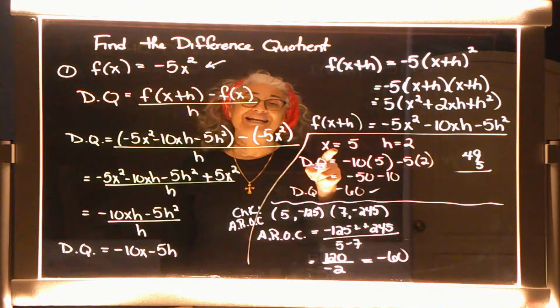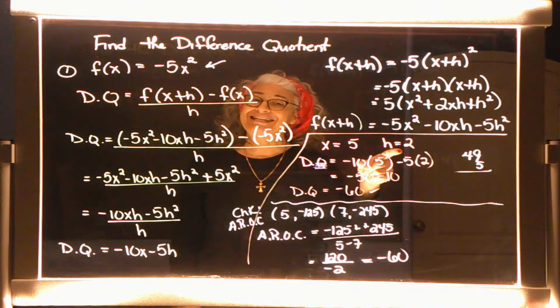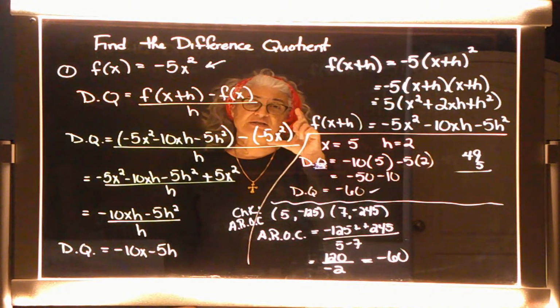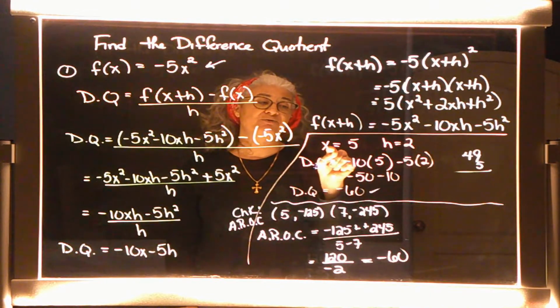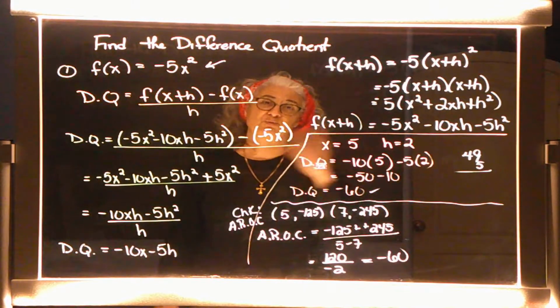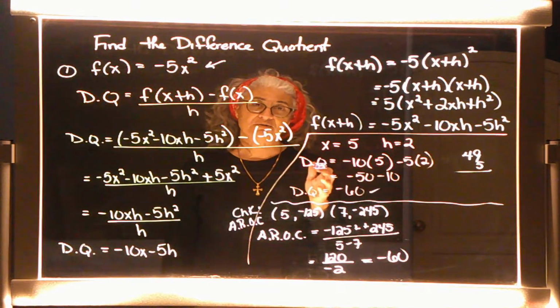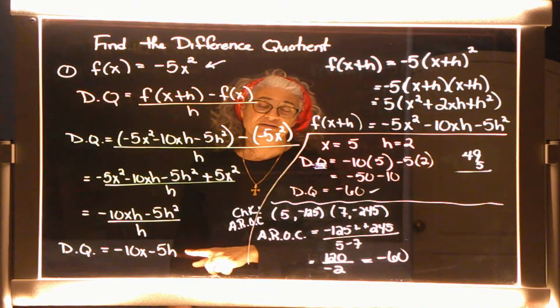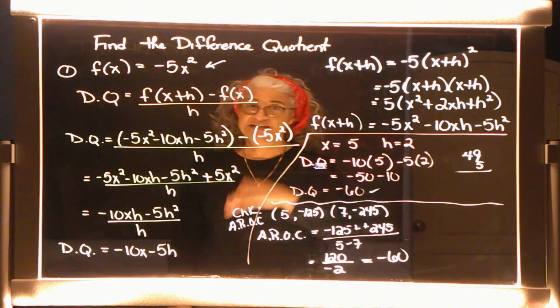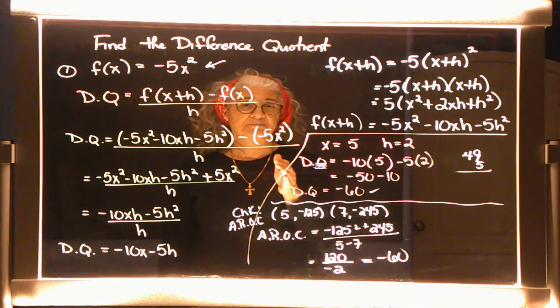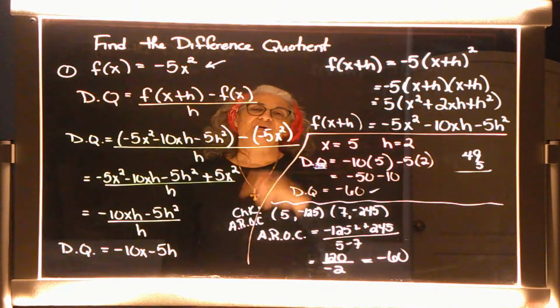I can pick any x I want, any h I want, and that will find me the average rate of change for the secant line that passes through this x value and the one in this case 2 doors down, or it could have been 3 doors down or 10 doors down or whatever, so to speak. Cool? This one is generic. It lets me choose any x I want, and h's are however many spaces away I want the next x to be. Cool? Okay, so stay tuned.